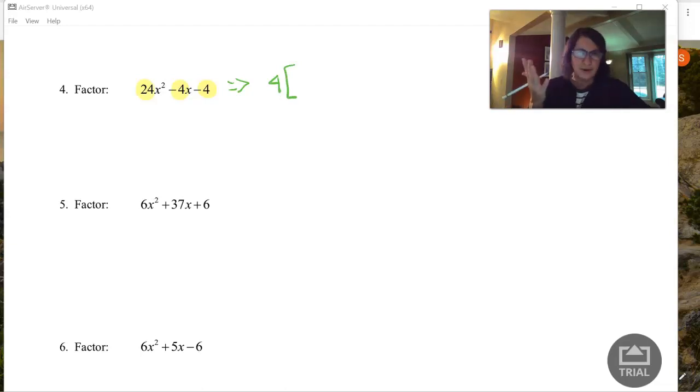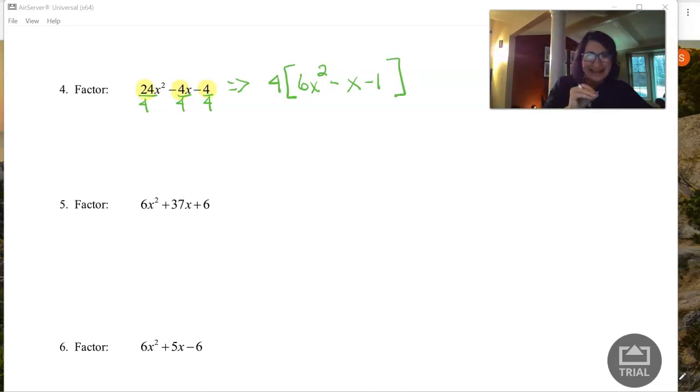You could use rounded parentheses, doesn't matter. And then I'm going to divide each of these terms by that GCF. So I'm left with 6x squared minus 1x, that I just write as x, minus 1. Finish my square brackets. So now I'm just going to factor the trinomial inside of the square brackets.